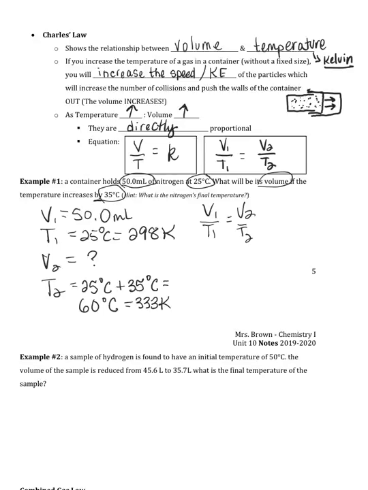I'm going to do some plugging and chugging. That's a phrase from when I was young, a long, long time ago. T1 is 298 K. V2 is our unknown. T2 is 333 K.